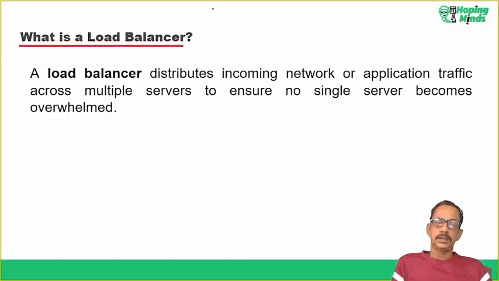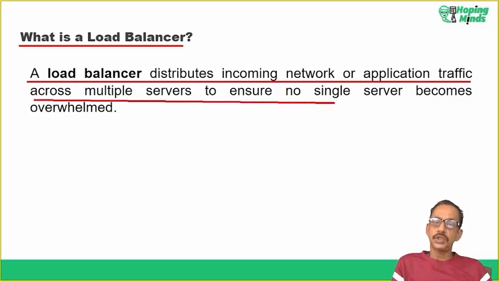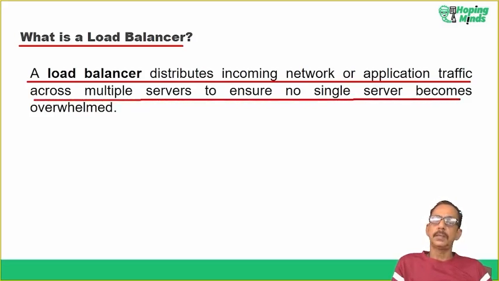As the name indicates, it balances the load within the network. A load balancer distributes incoming network or application traffic across multiple servers to ensure no single server becomes overwhelmed or overloaded.